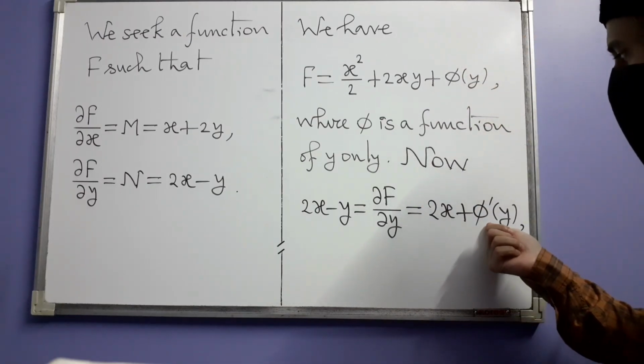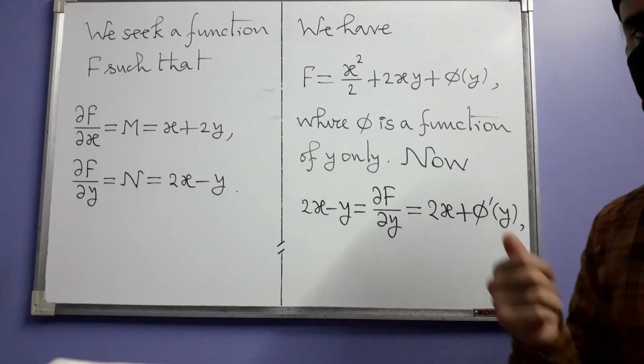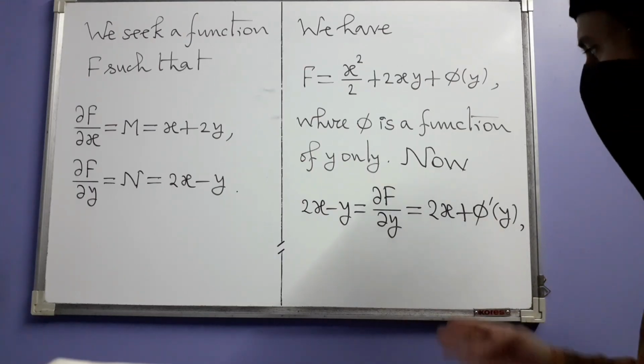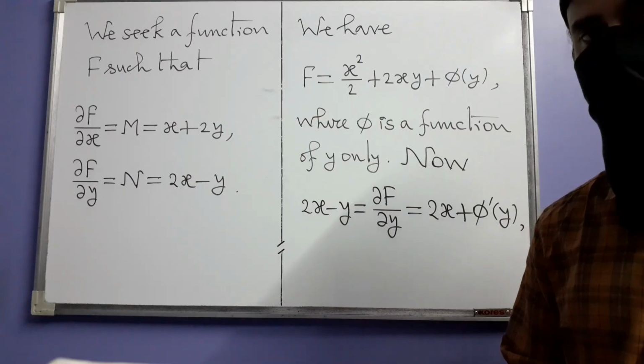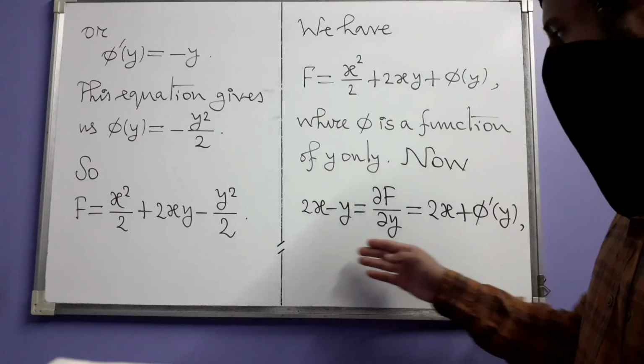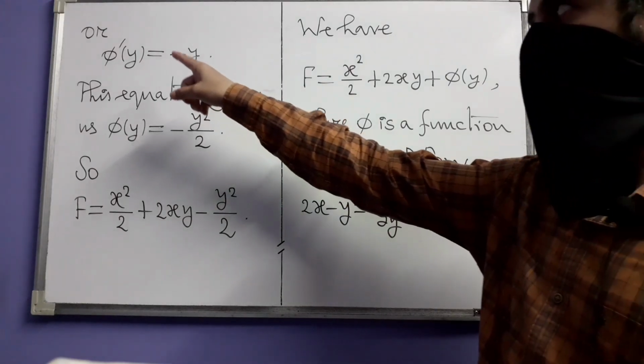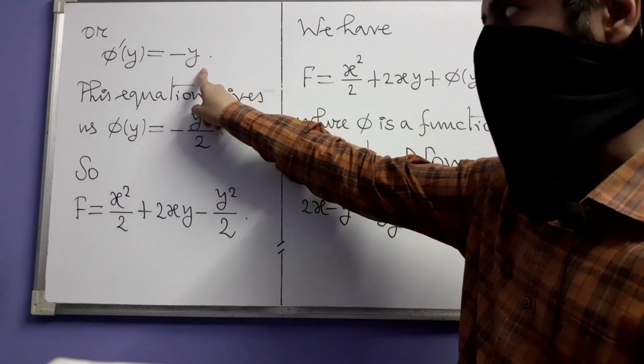So it turns into the ordinary derivative, phi prime of y. So you can now see that you can cancel 2x and 2x from both sides. After doing that cancellation, this is what you get: phi prime of y equals minus y.